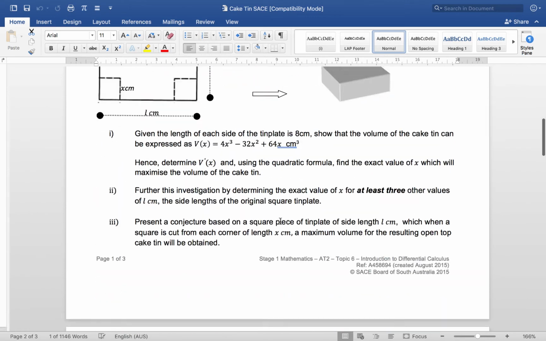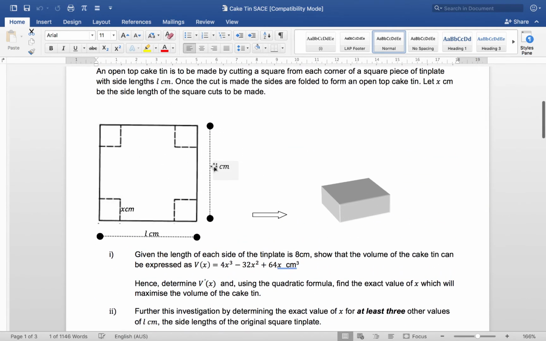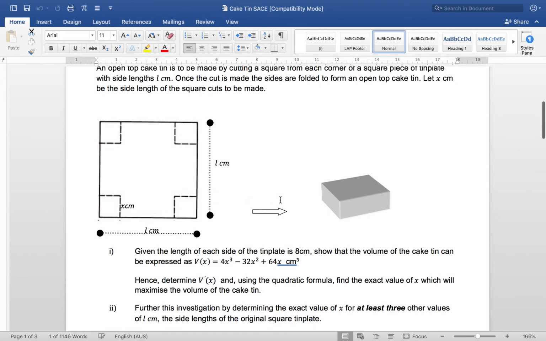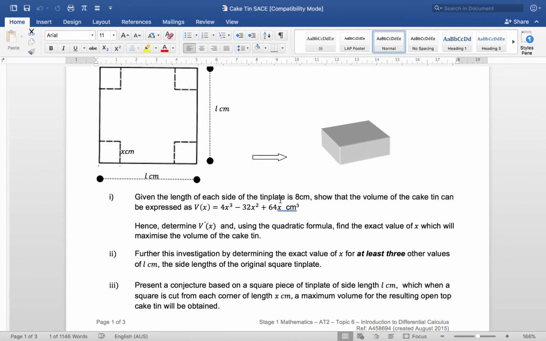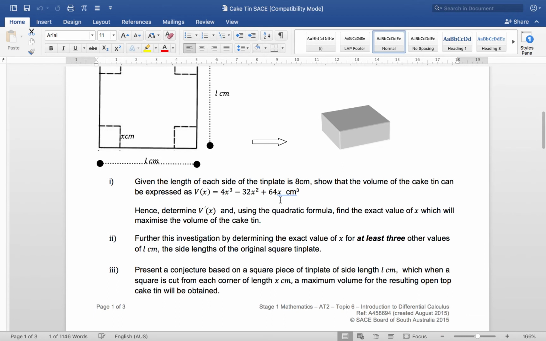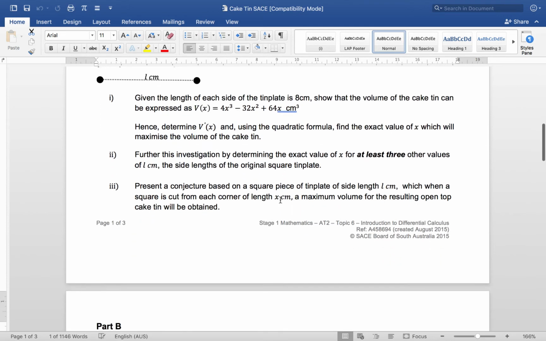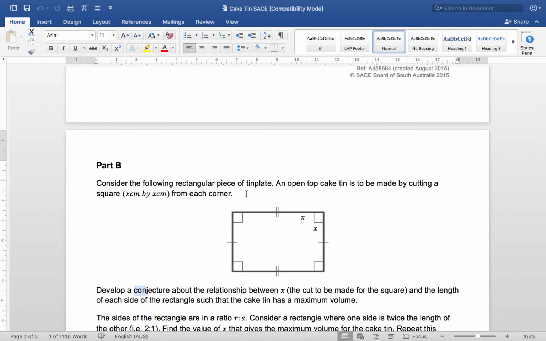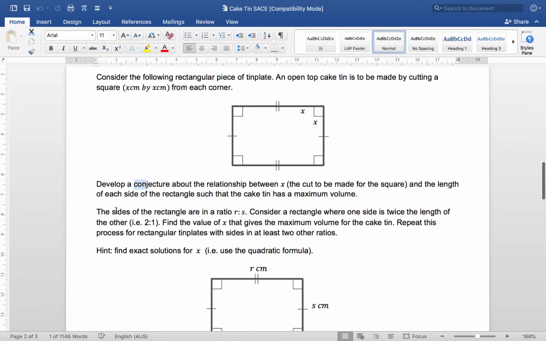It's essentially the same as what you do in part A, except instead of a square, you've now got a rectangle. So you're going to have to choose 2 different lengths for the sides. Don't just make one 8 and the other 4, then do another one where the first one's 4 and it's 8. That defeats the purpose. It's not going to work. You're going to have the same answer and not be able to pull any information out of it.